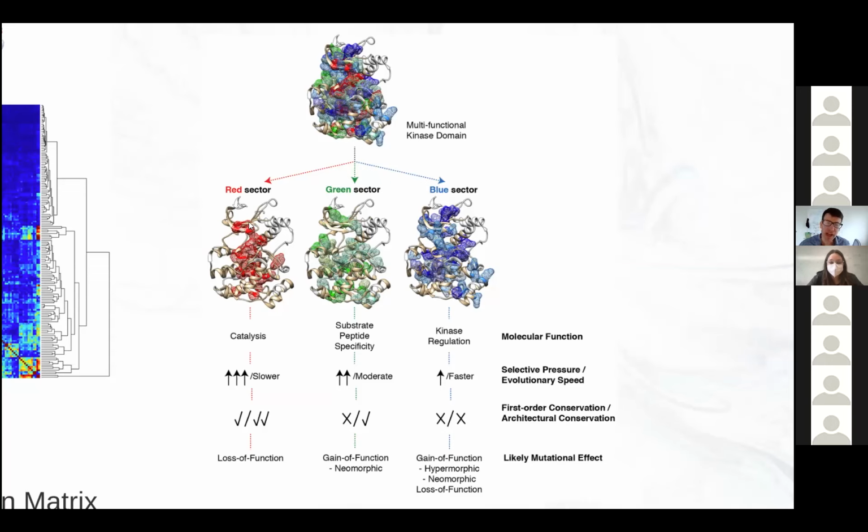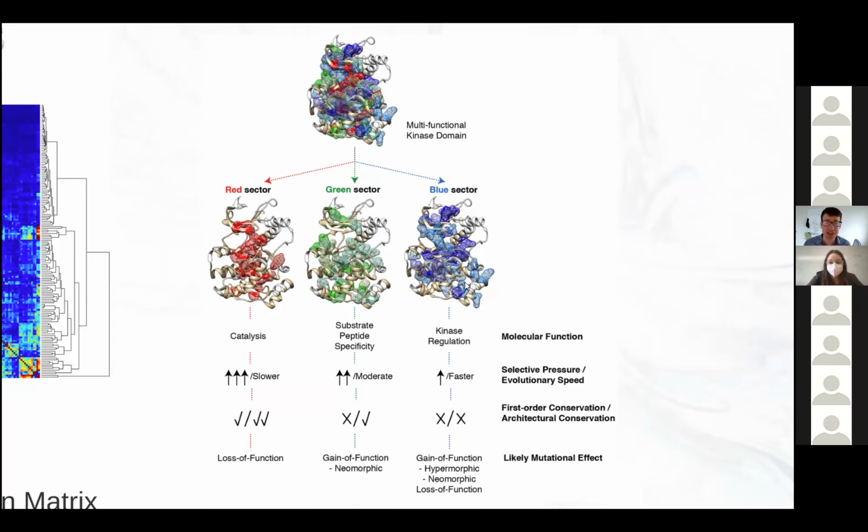So they went through, and people have done a lot of mutagenesis on these kinase domains. And they said, you know what? Pretty much every time we see in the literature mutations in the red sector, that has to do with catalysis. Whenever we see mutations in the green sector, that has to do with substrate specificity. And whenever we see changes in the blue sector, that tends to have to do with kinase regulation.